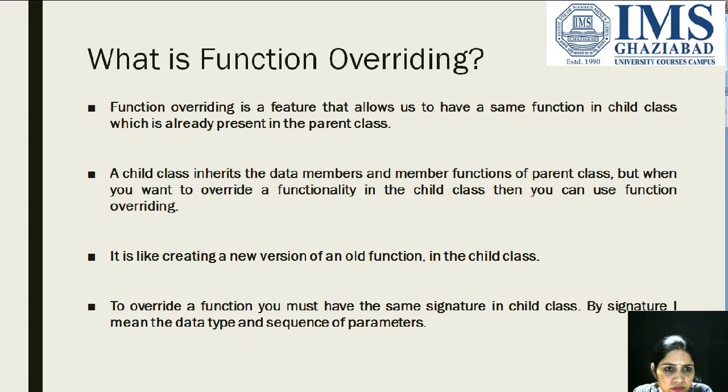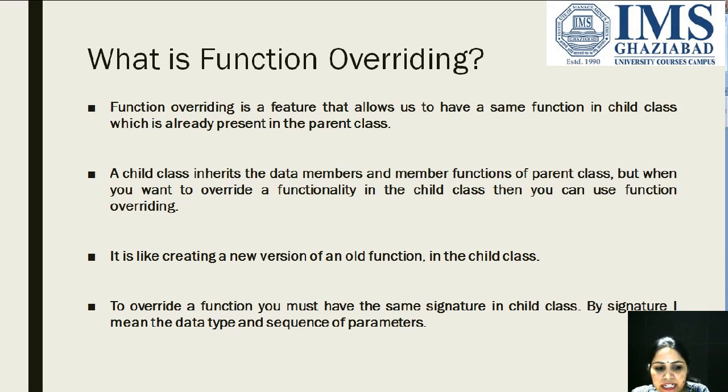Now function overriding is a feature that allows us to have the same function in the child class as well as in the parent class. The child class inherits the data members or member functions of a parent class, but when we want to override a function, that means we want to use a newer version for a particular old function that is written in the parent class, we use the concept of function overriding.